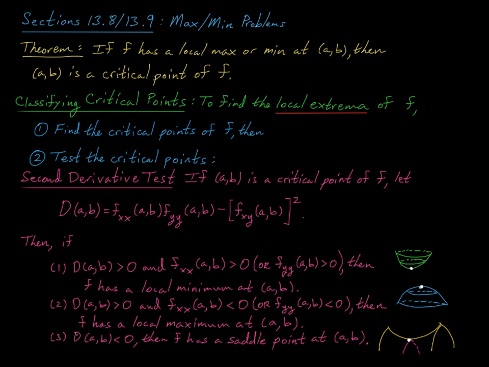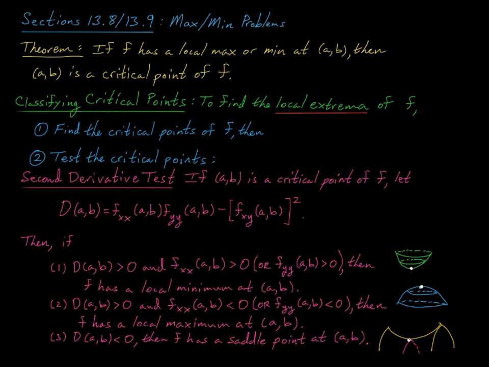Now here, if this quantity D is negative, then we say that f has a saddle point at the point (a, b), and we'll see some examples in the next couple videos of what a saddle point can look like. But here, as you can see, I've drawn a portion of a surface where we have a saddle point right here. It looks kind of like a, well, horse saddle.